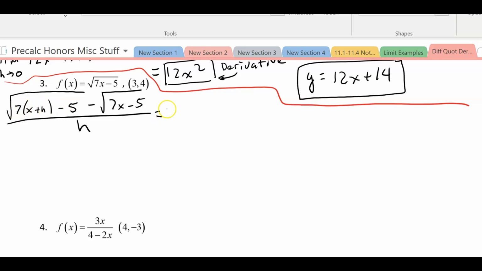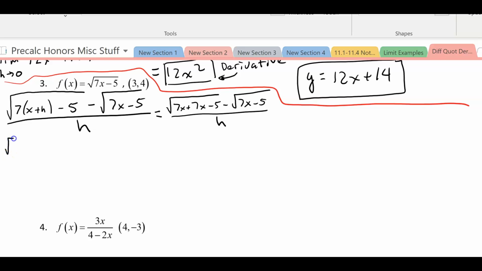I'm just going to distribute. So that's going to be the square root of 7x plus 7h minus 5 minus the square root of 7x minus 5 over h.